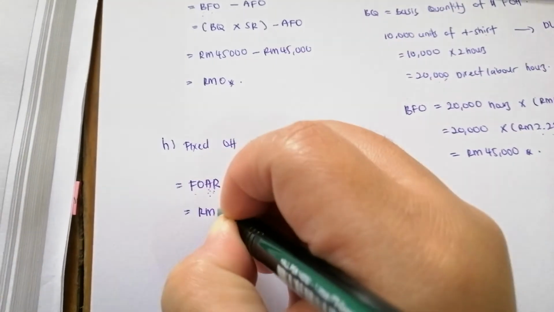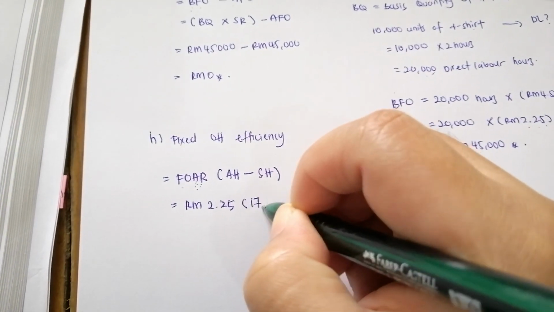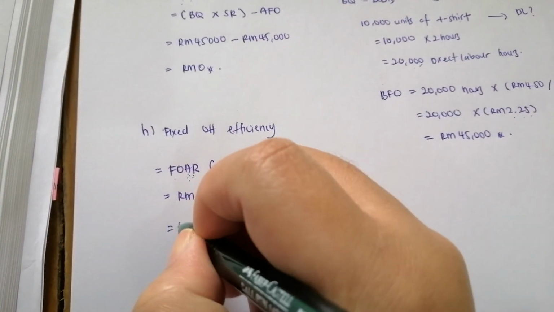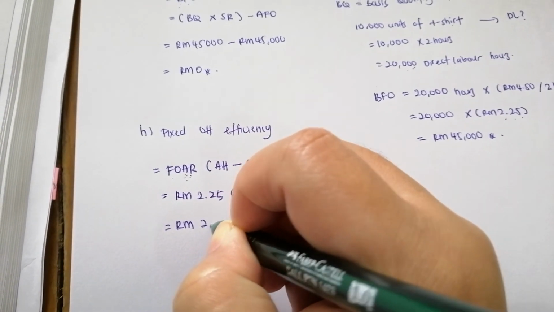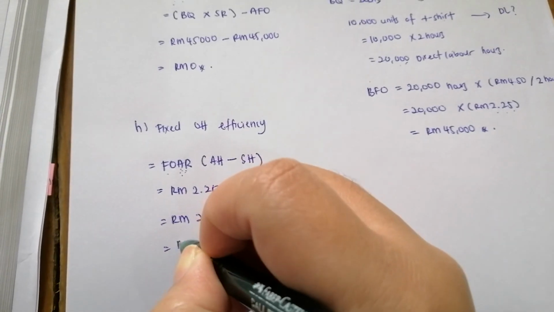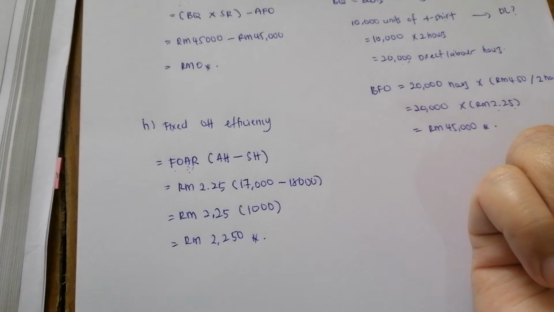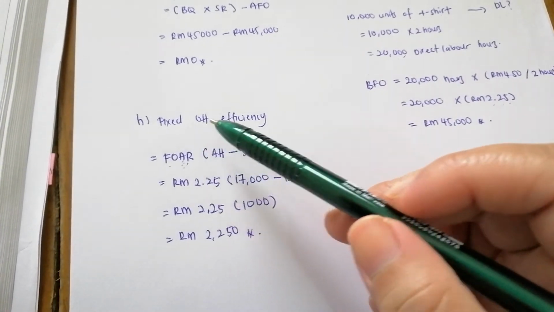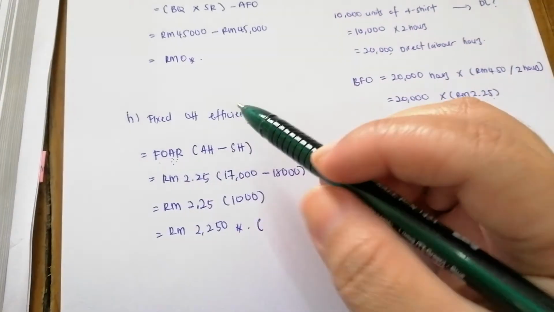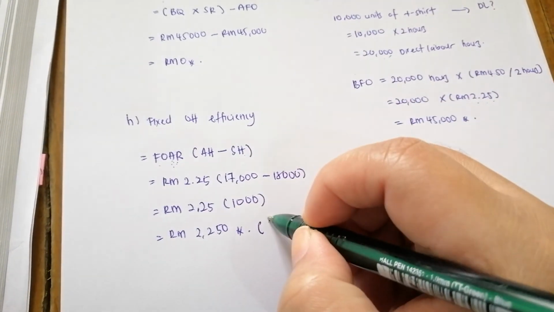So we take 2.25 in bracket, 17,000 minus 18,000, so RM 2.25 times 1,000, and you will get the answer 2,250. Alright, that is the fixed overhead efficiency. Is it favorable or unfavorable? The actual hours fall within, less than, the standard hours, so it is favorable.